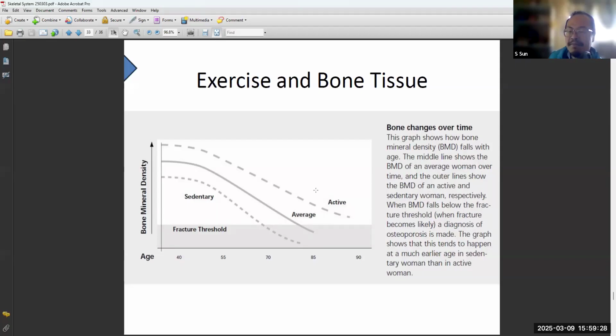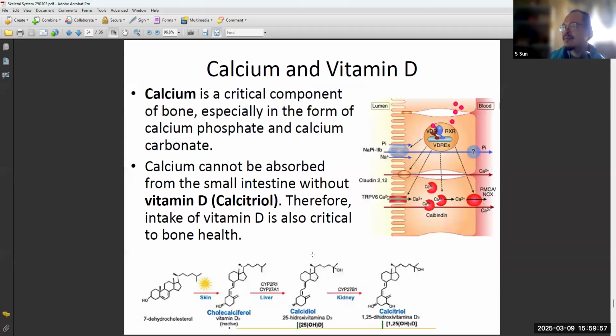Females, after menopause, lose the protection from estrogen, and their bone mineral density will decay quickly. So with aging, exercise is important.